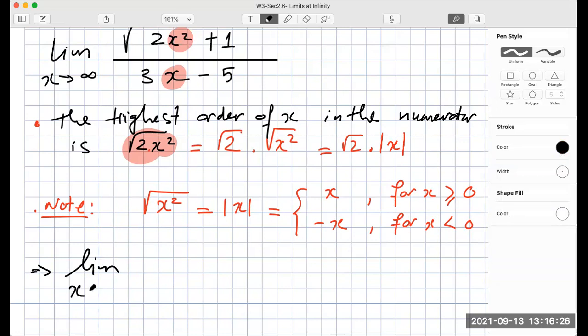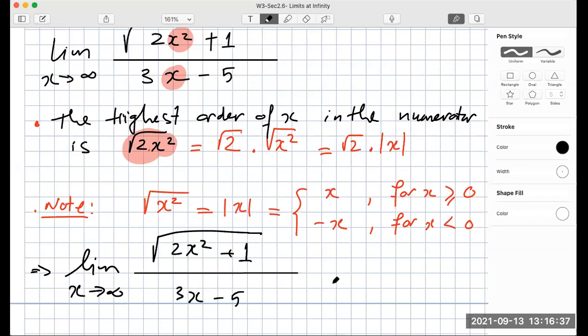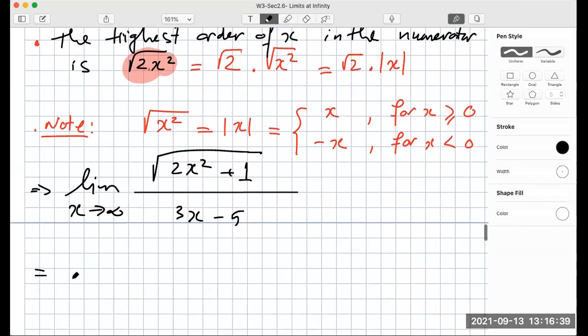Therefore, we are recommended that, in order to compute the limit of this guy, we can do it by dividing both numerator and denominator by the highest degree, which is x in this case, right?